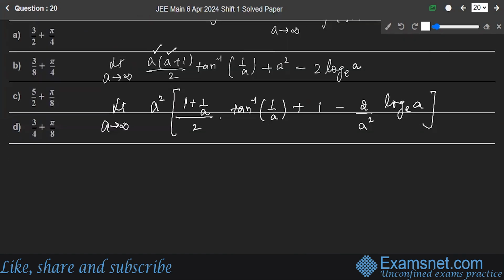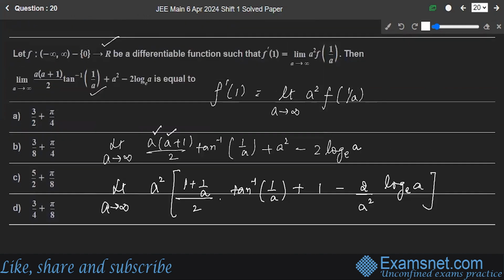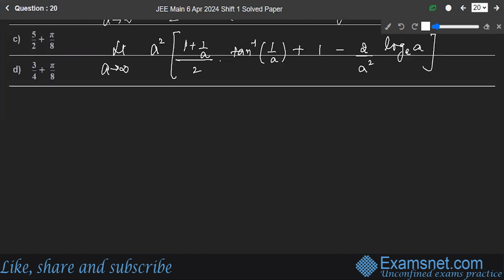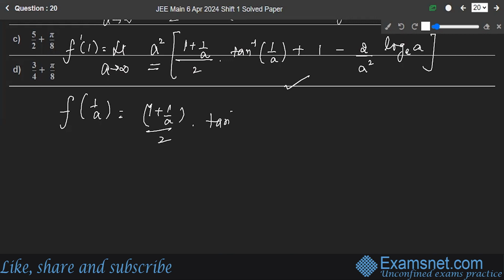All right. So if you look at this function, you are given this is equal to limit a square f of 1 by a. So that means f of 1 by a is equal to 1 plus 1 by a upon 2 tangent inverse this plus this minus this, right?